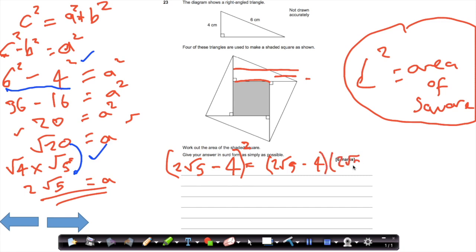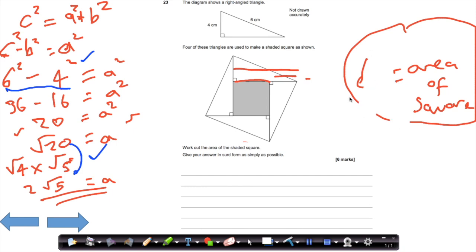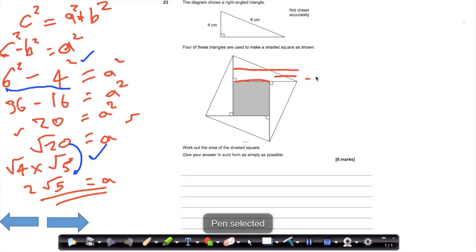It doesn't matter how you do this, you might want to do this by making the grid method. So I'll give myself some space just so I know that we are meant to be looking at using the grid method for our quadratic expansion when we've got them in factorised form.